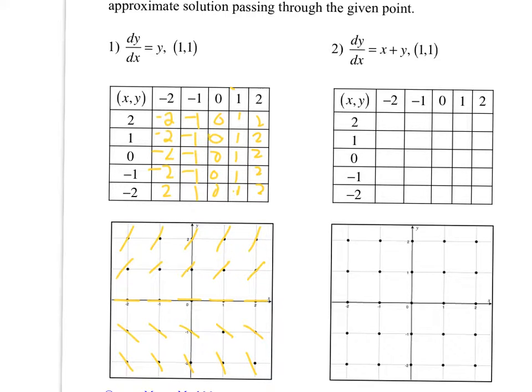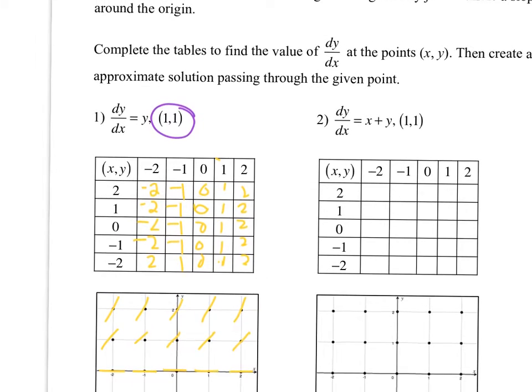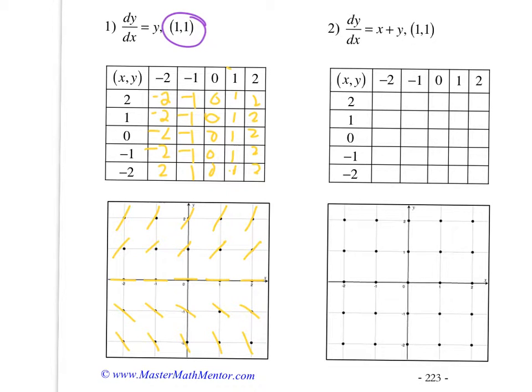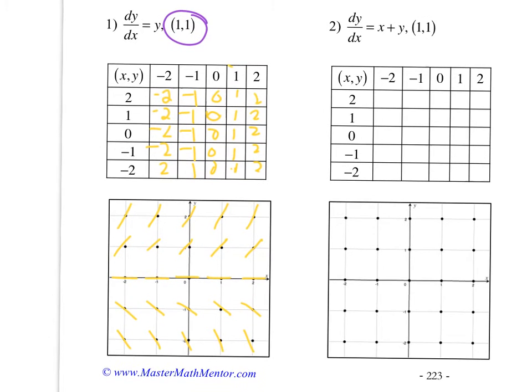I fixed those. And now we want to approximate the solution passing through the given point. The given point is (1, 1). So let's find (1, 1) on here, which is right there. And we want to approximate the solution passing through the given point. So it looks like the slopes are pushing me that way.